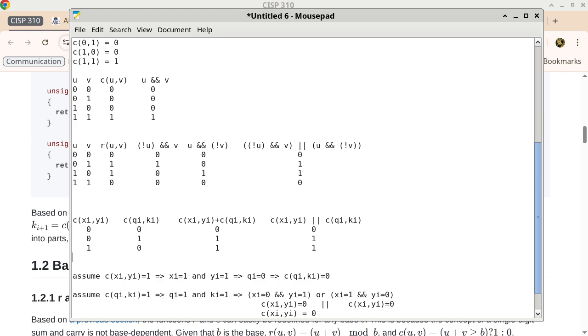In numerical analysis, they talk about how to implement sine, cosine, tangent, and stuff like that. But they all boil down to addition and subtraction and comparison. Comparison is a special form of subtraction. Subtraction is a special form of addition. So if we can do addition, that's the only kind of computation we need to know.